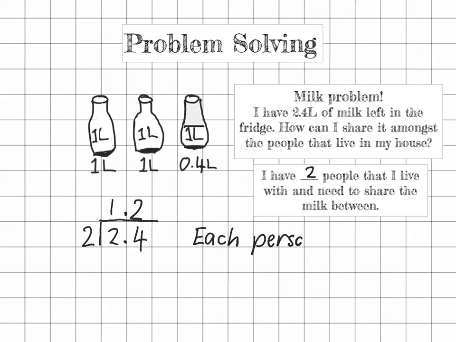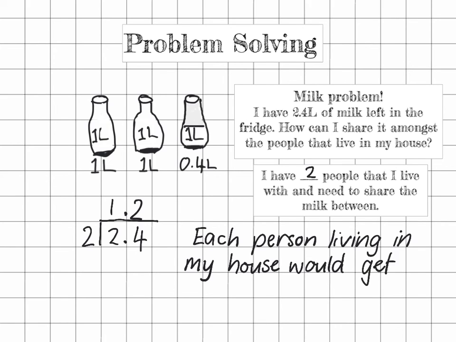Each person living in my house would get 1.2 litres, don't forget that, of milk. That is a lot of milk. I don't think I would have that in one sitting. But that's how we're working out that problem.